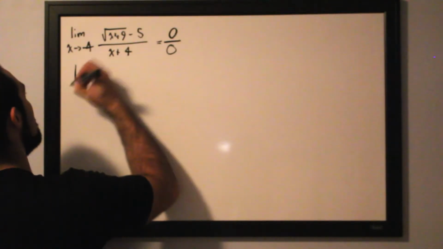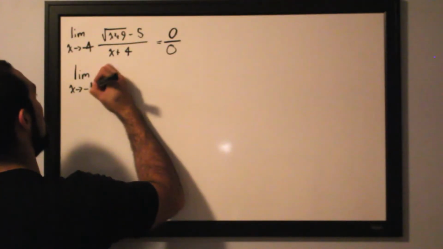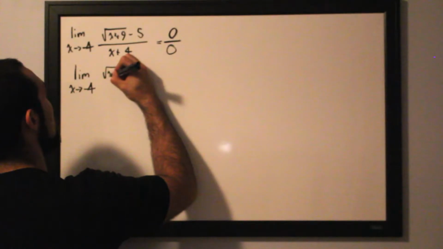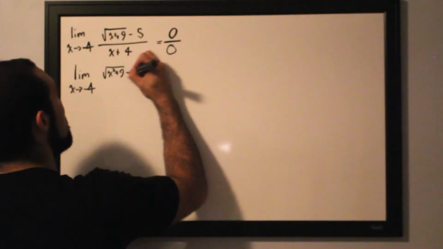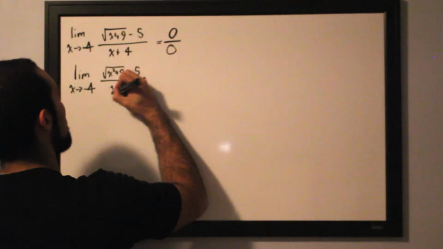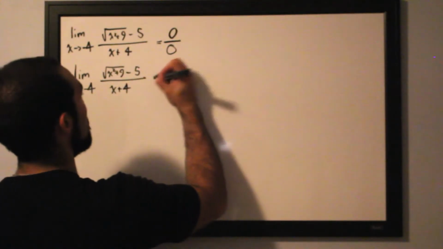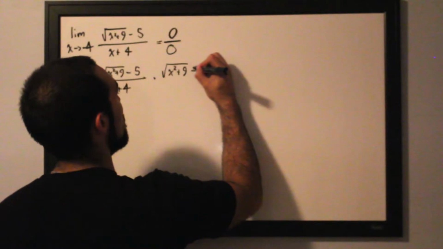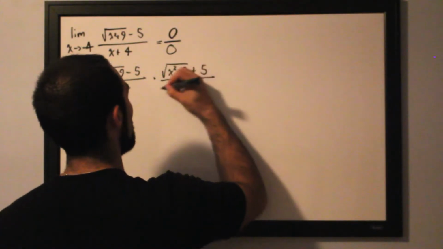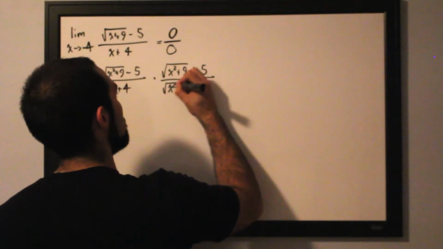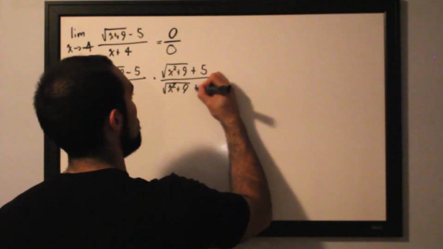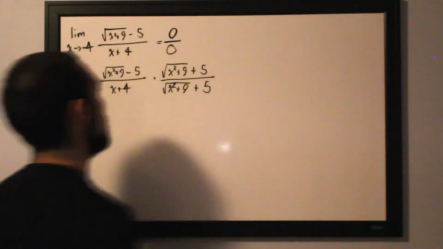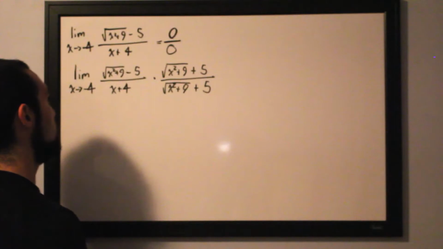So we take the limit as x approaches -4 for the square root of x squared plus 9 minus 5 over x plus 4 multiplied by the square root of x squared plus 9 plus 5 over the exact same thing. I'd like to remind you that this is just like multiplying by 1. We're not changing the value of the expression.